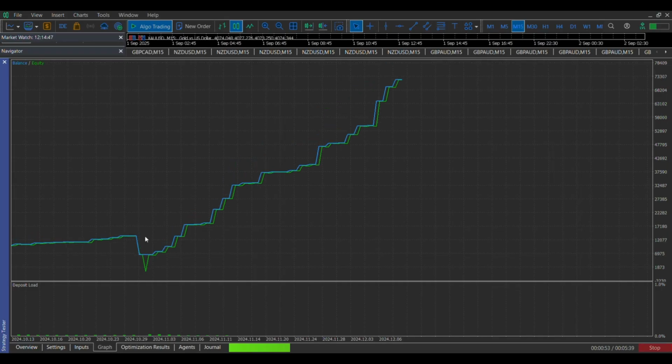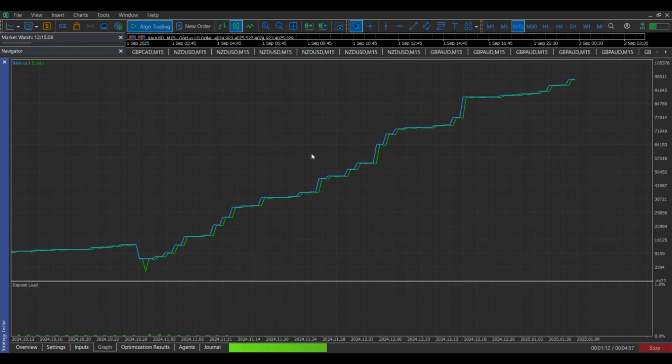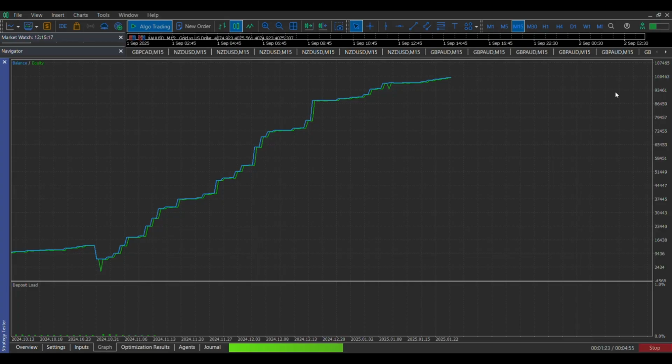You need to manually use the EA around high impact news releases if you want. You can ignore that also, because you can see it was only one loss and further it went straight to the top, and you can see the chart is moving in a further top direction.